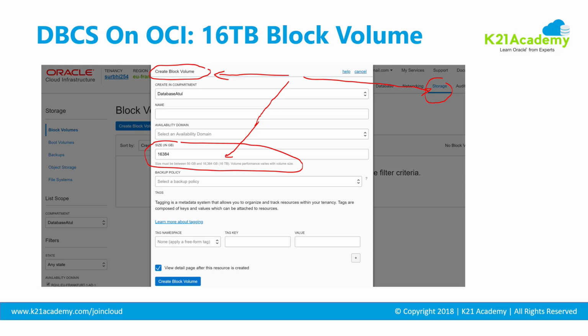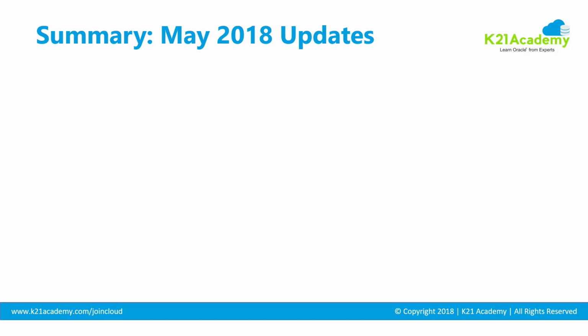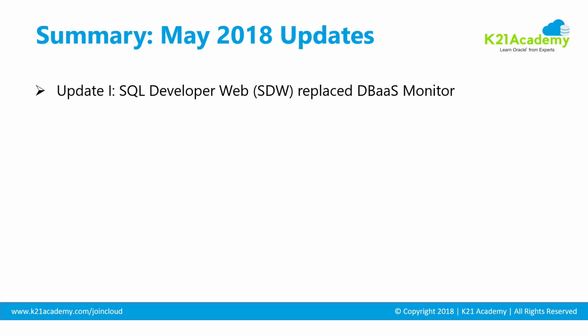So that's the fifth and final change that was introduced in May 2018. Just to do a quick recap, the first was that SQL Developer Web has been totally replaced by DBaaS Monitor. If you're already running a database on cloud, you must upgrade your database cloud tooling to the latest version using the steps I showed you earlier, so that you get SQL Developer Web.